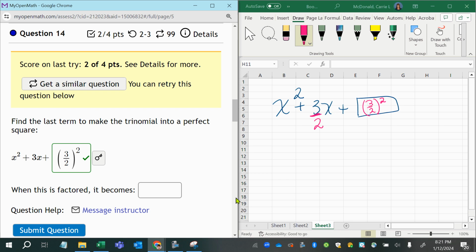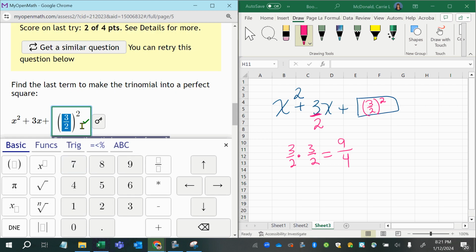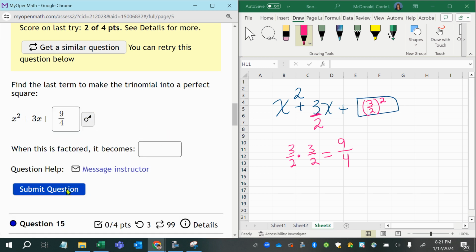Remember, when it comes to fractions, anything that's squared is just times itself, and when we multiply fractions, we just multiply straight across. So that would have been 9/4 is the simplified way to write that. It accepted the other way, but 9/4 is another way you could have answered it too.